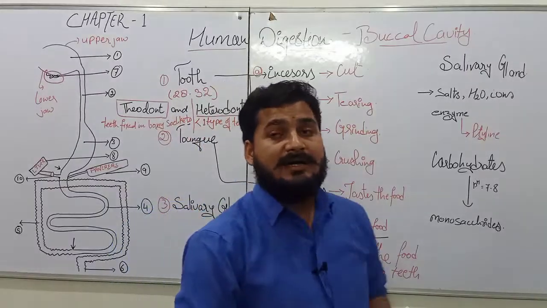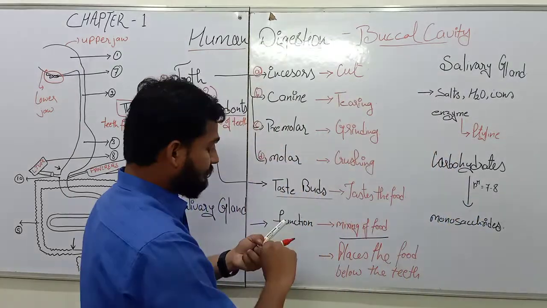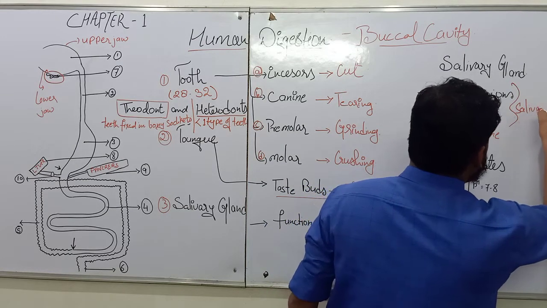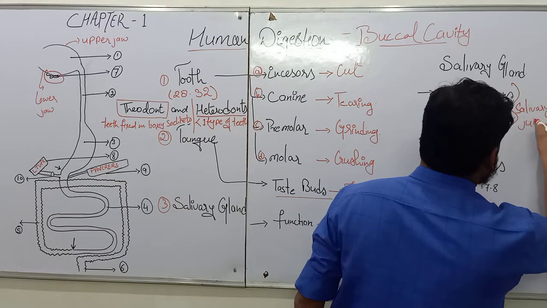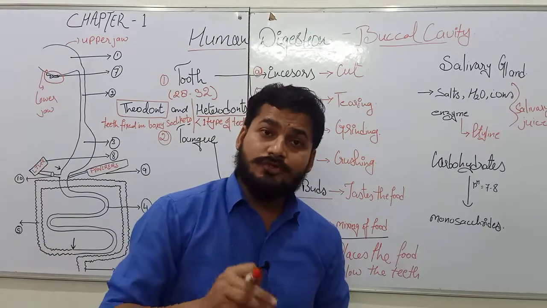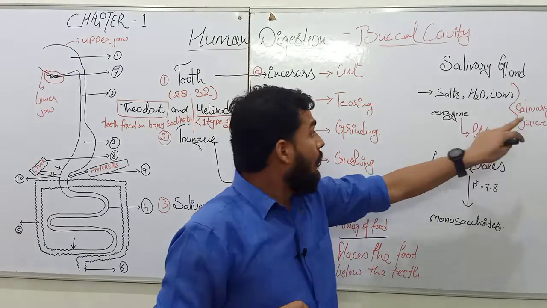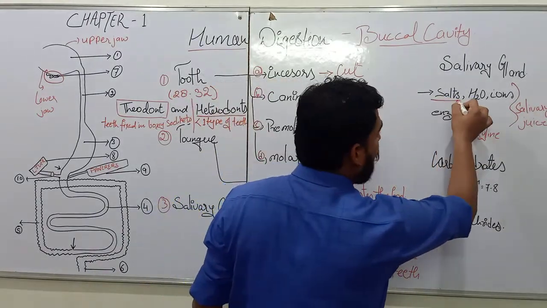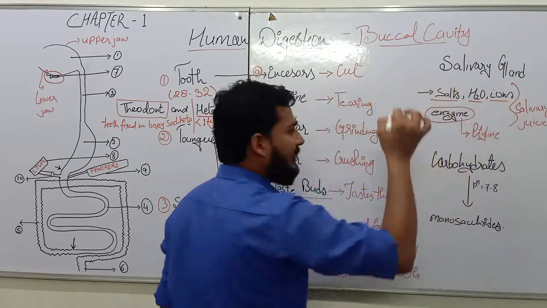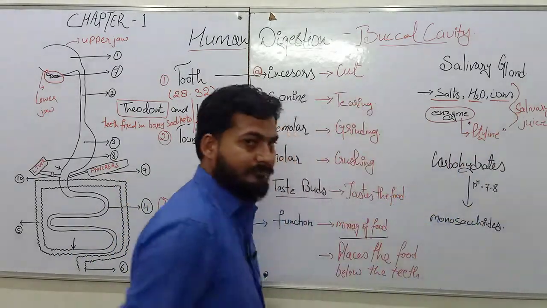Salivary glands are specific glands which secrete a liquid called salivary juice, which is composed of salts, water, a few ions and an enzyme called ptyalin.